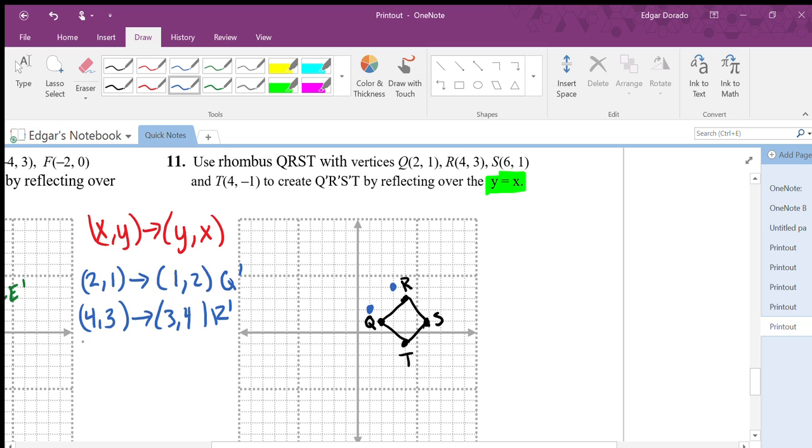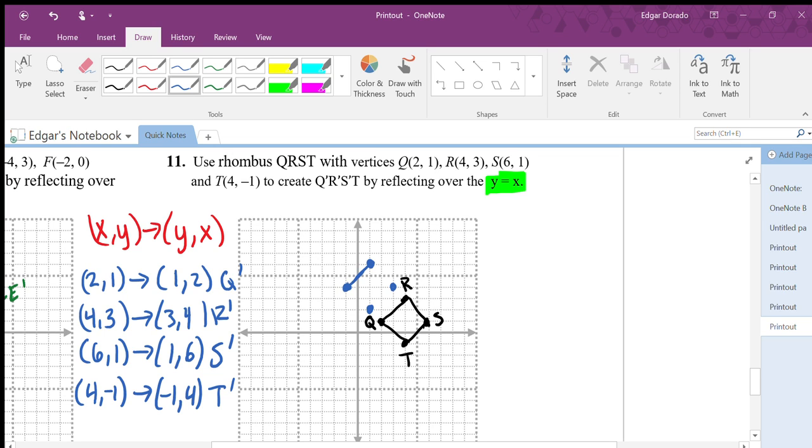My S was (6, 1), so my new coordinate for S prime is (1, 6). And finally, T was (4, -1). We switched them, so T prime is (-1, 4).